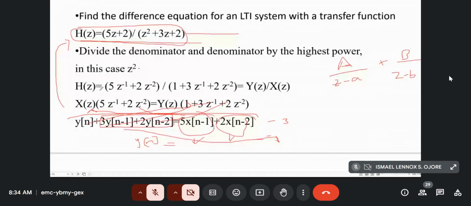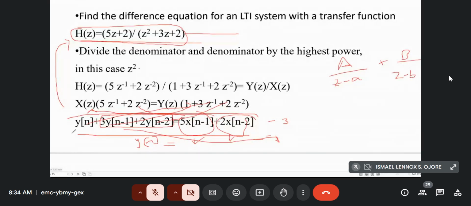So we just replace H(z) with Y(z) over X(z). So of course that becomes X(z) times 5z to the minus 1 plus 2z to the minus 2, and Y. So you end up having this as your difference equation.